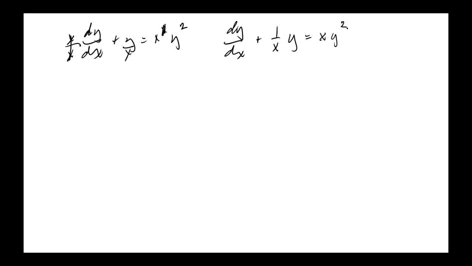Okay. Now, the x over there is fine. What's not fine is that y squared. So here's our substitution. Let u equal y to the 1 minus n. Well, n here is 2, and 1 minus 2 gives y to the minus 1.